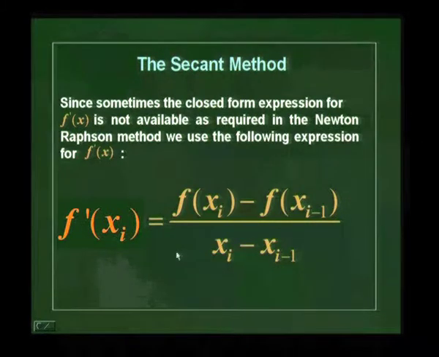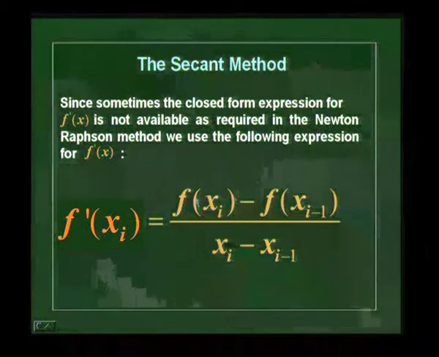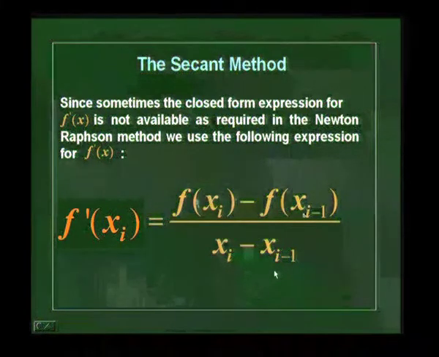So, f of xi is the function value at xi, and xi minus 1 is another value. We make two guesses here to start with. We guess xi and xi minus 1, and then we find the derivative f prime as f of xi minus f of xi minus 1 divided by xi minus xi minus 1, and we use the Newton-Raphson formula again, xi plus 1 equals xi minus f by f prime.